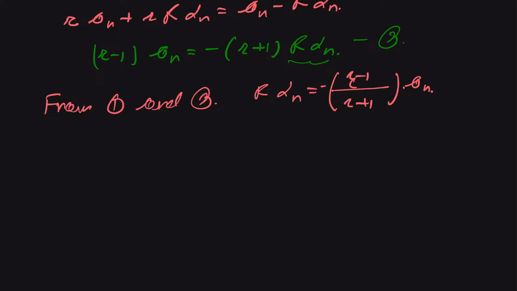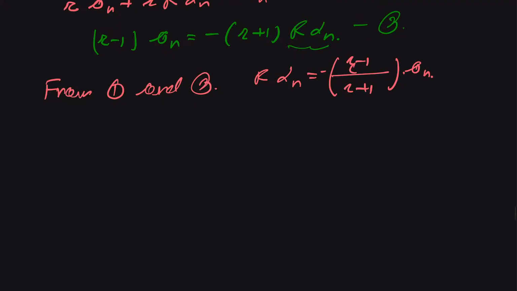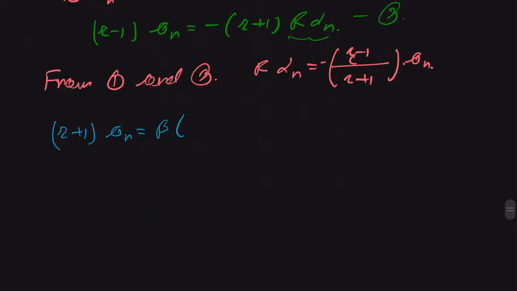And this gives us that r plus 1 a of n is equal to beta 1 minus r, and this is minus r minus 1 over r plus 1 times a of n.